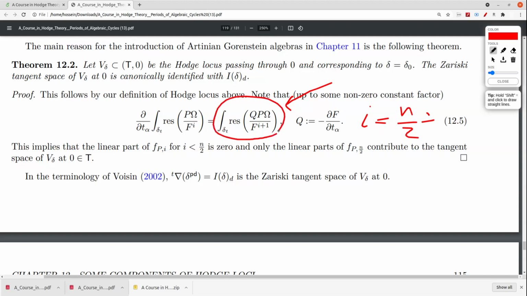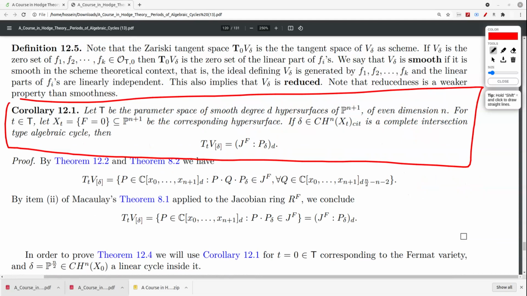So the tangent space is the kernel of this linear part, and this means that we have to put delta, this, equal to 0. So the kernel will be exactly the one that we defined for I delta. So the next corollary is immediate, because remember that we had proved that the pieces of I delta were constructed by the Poincare duality for delta.